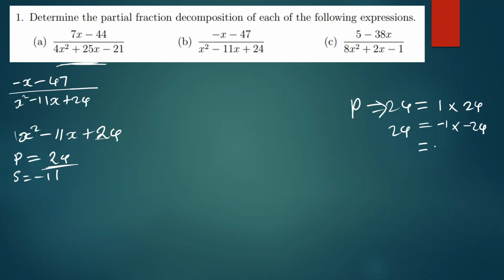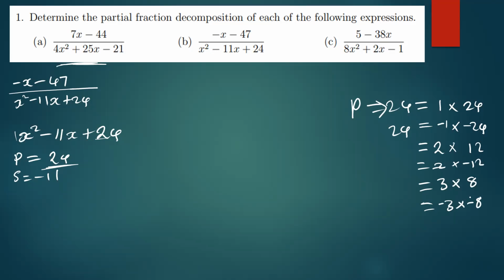We can also use 2 and 12, and negative 2 and negative 12. Then 3 times 8 gives us 24, and also negative 3 and negative 8.